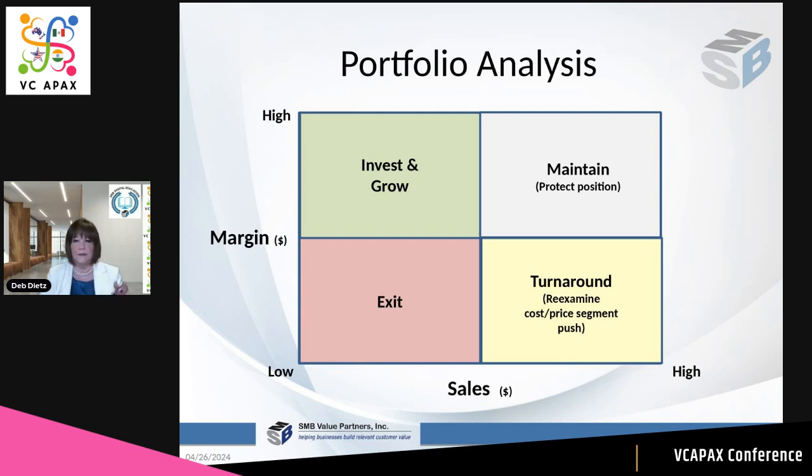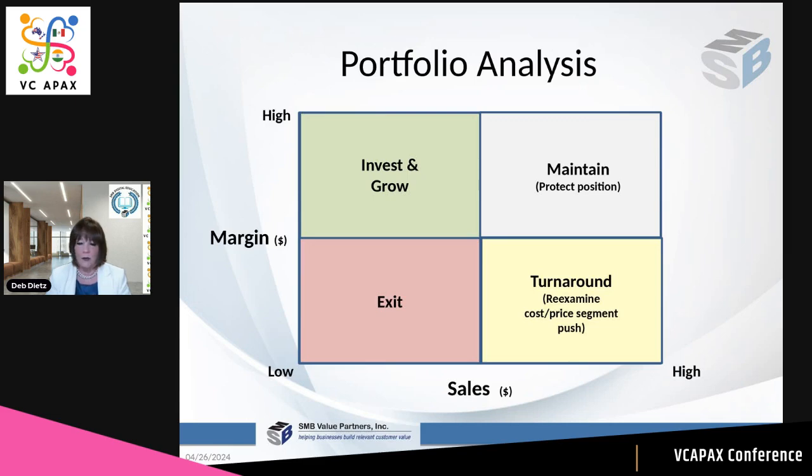So this is a very simple quadrant. And on the x-axis, you have your sales, and on your y-axis, you have your margin. So what you're going to do here is look at each of your products, or again, product categories, and you're going to plot your products on the quadrant in the appropriate square, if you will.